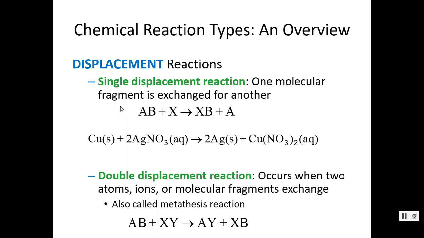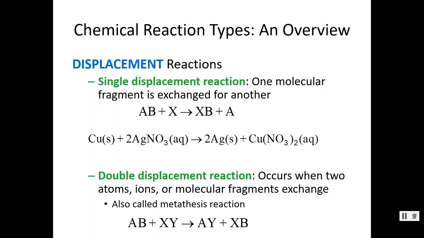In double displacement reactions, everybody switches partners. So in a double displacement reaction, which is also called metathesis, you typically have two ionic compounds, in this case shown generically as AB plus XY. If you remember ionic compounds, they have cations, positive charge, and anions, negative charge.